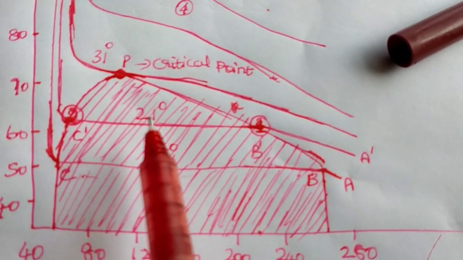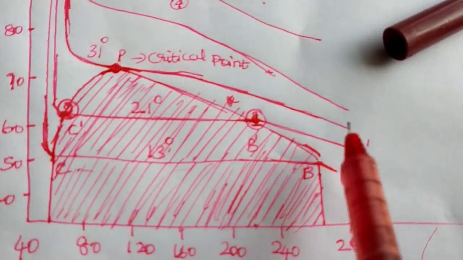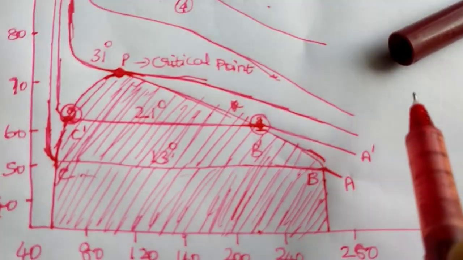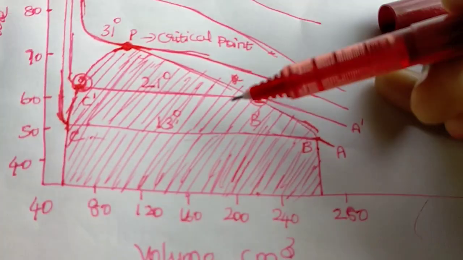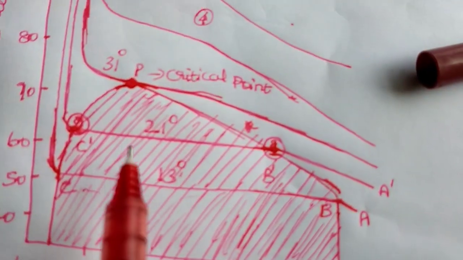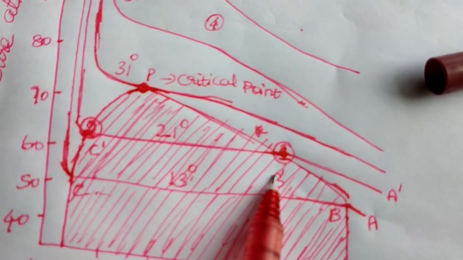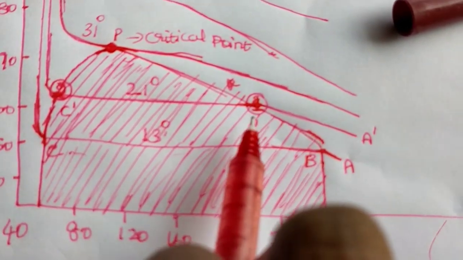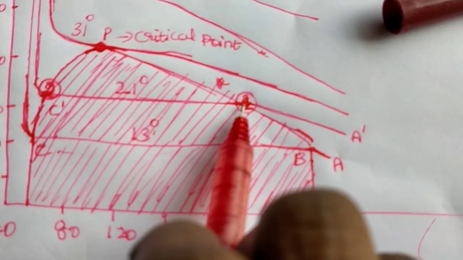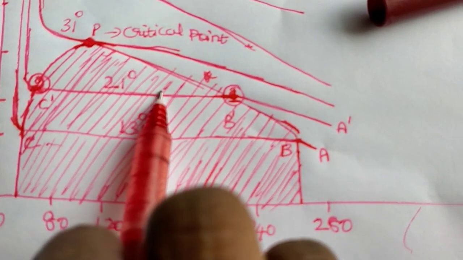That straight line is known as the isotherm. In the A dash, B dash, C dash isotherm, the pressure is constant from P dash to C dash, while the volume keeps reducing.